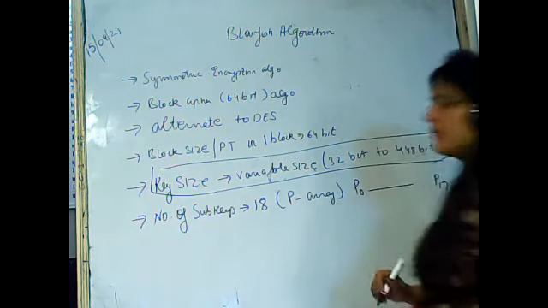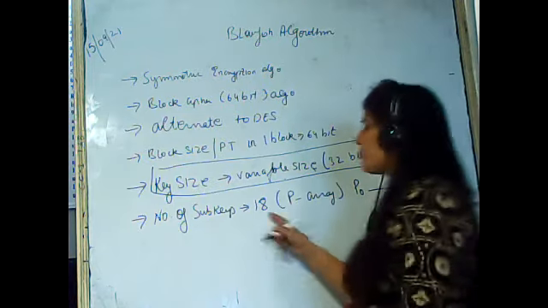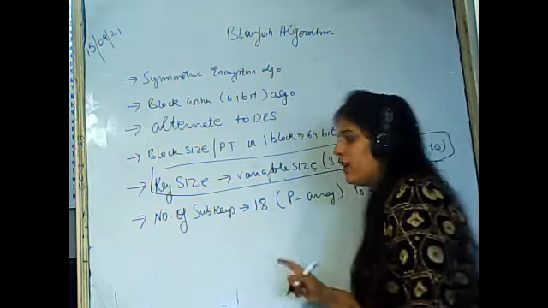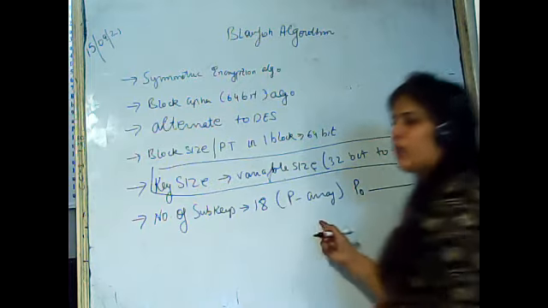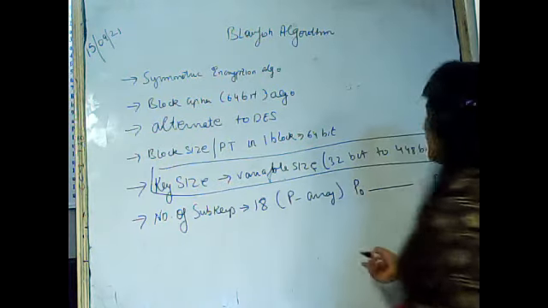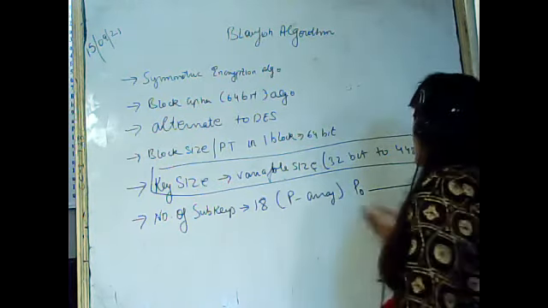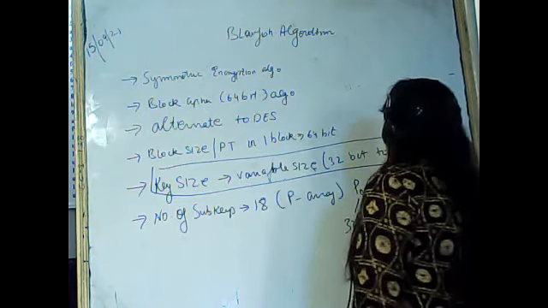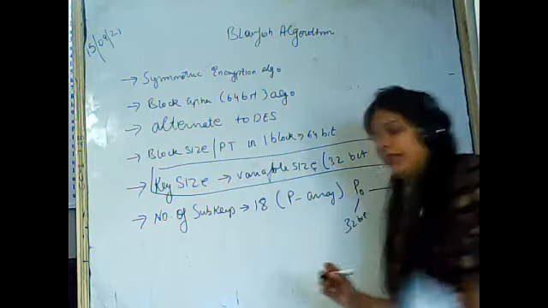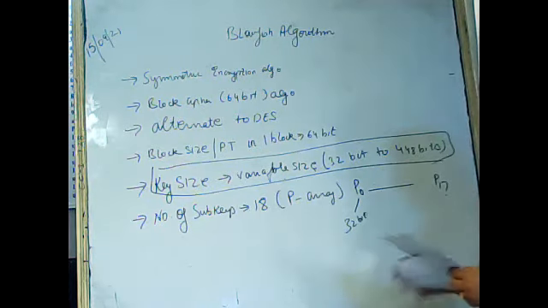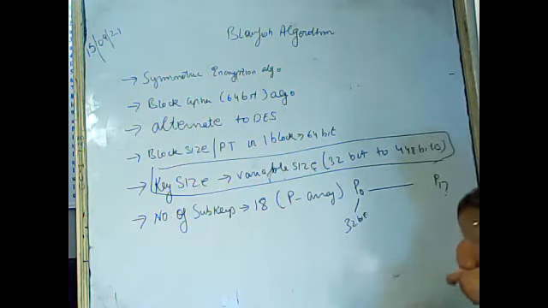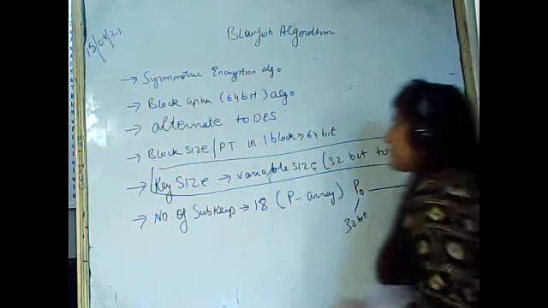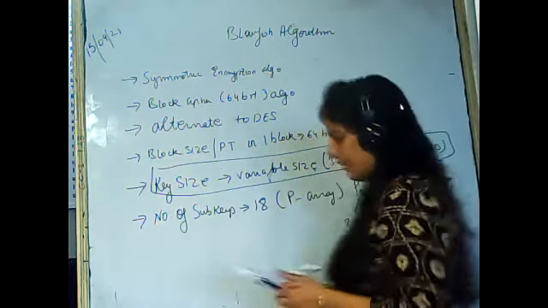All 18 keys are considered in the form of an array. Each and every subkey is of 32 bits. Once you have allocated that size, it will remain the same for all the subkeys.